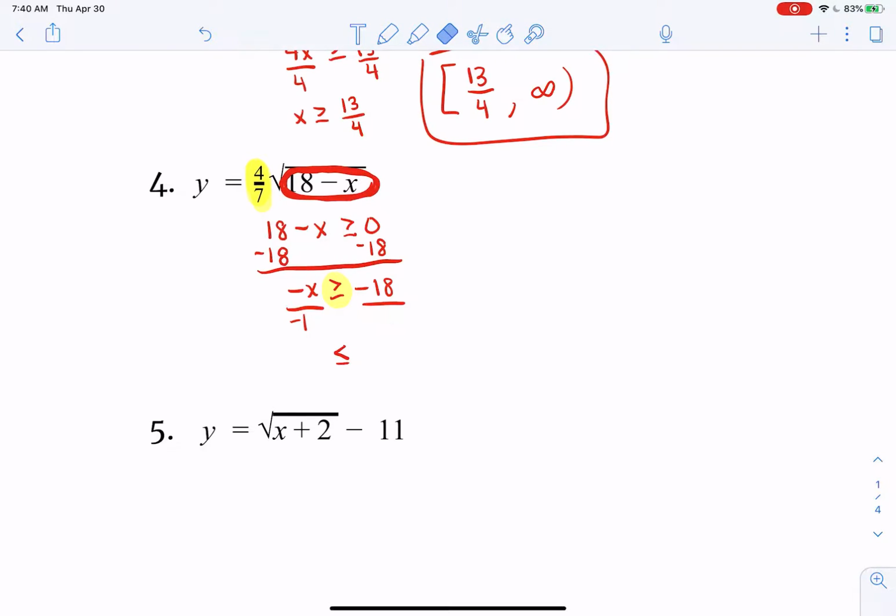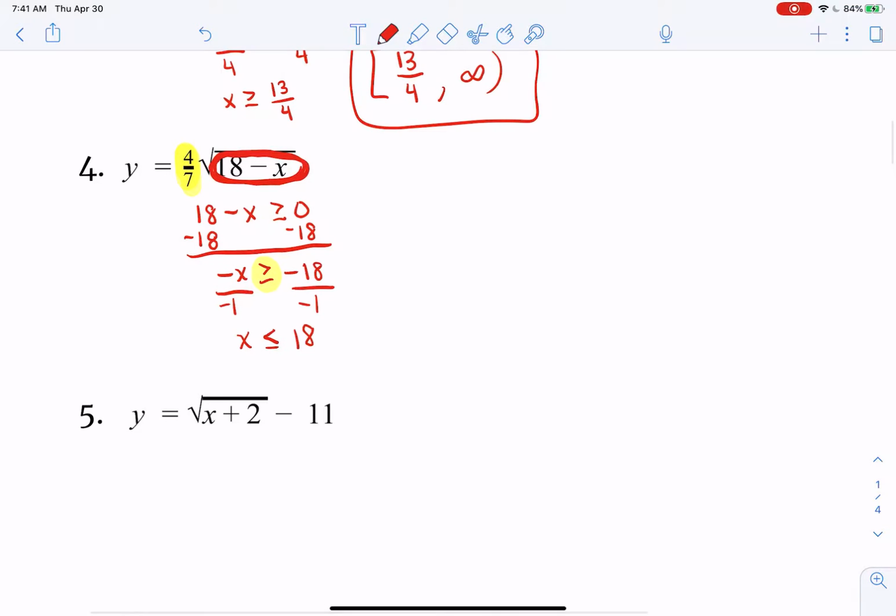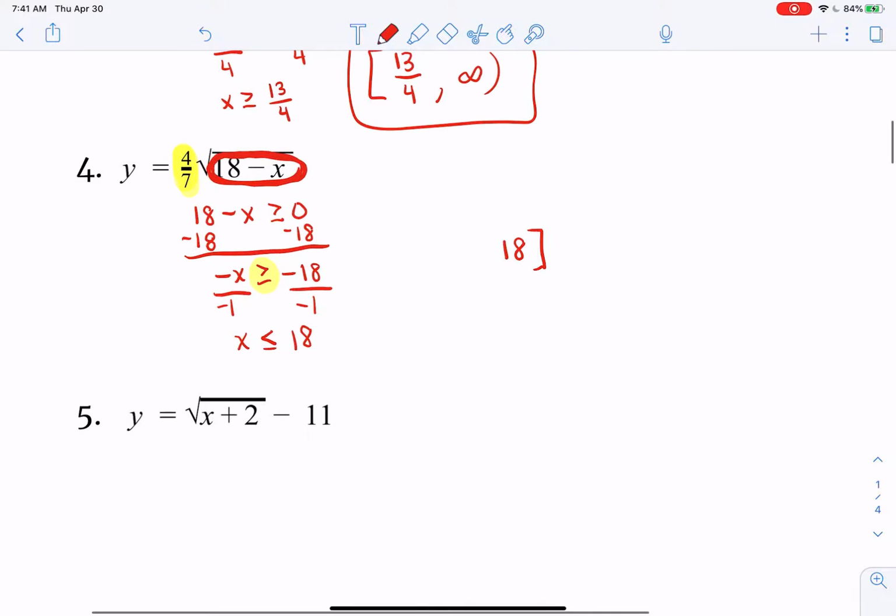So we have positive x is less than or equal to 18. That means x has to be less than or equal to 18. So 18 is the larger limit, and negative infinity is the left limit.